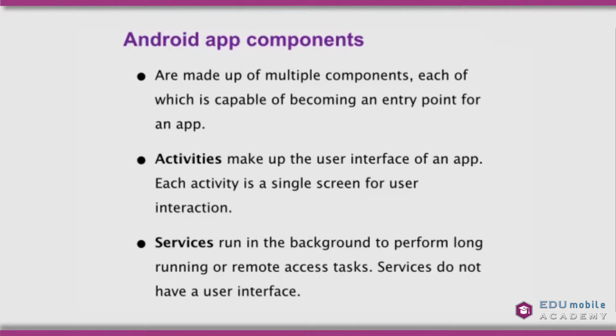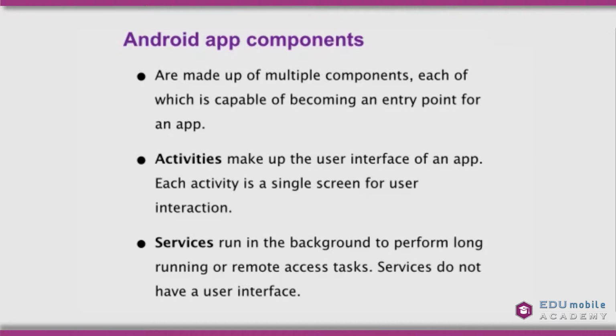But each part of an application can potentially become an entry point for a user to interact with that application. So the idea of an application in a traditional sense doesn't really exist in Android. An Android application is really a loose conglomeration of interchangeable components, each of which could become an entry point for the application.